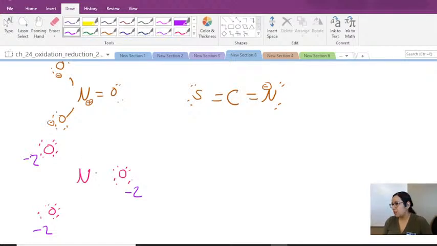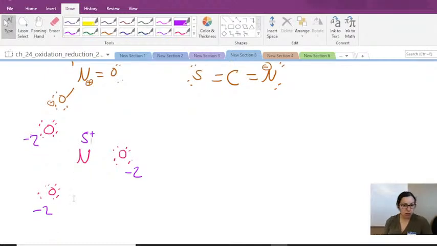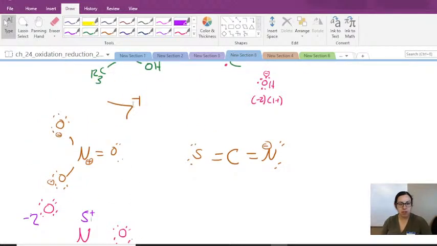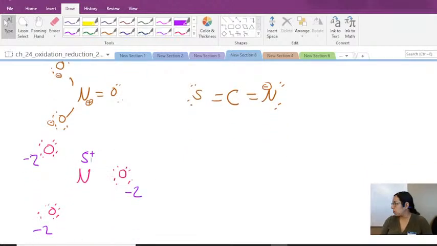Oh, try again. Yeah, 5. I was tripping myself up. So remember, nitrogen has 5 in the neutral, so 5 minus 0 gives us our answer. Or you started with the -2: each oxygen is -2, times 3 is -6, but then we said this was a charged compound, so +5.